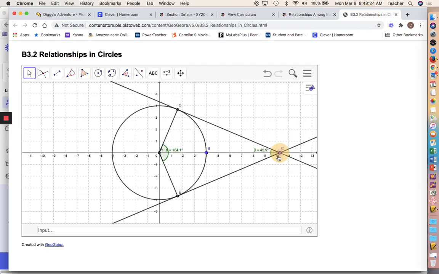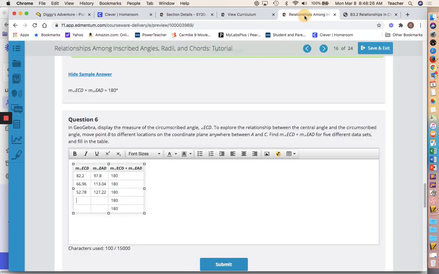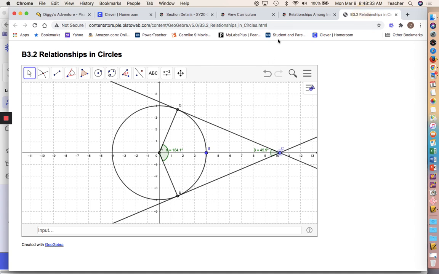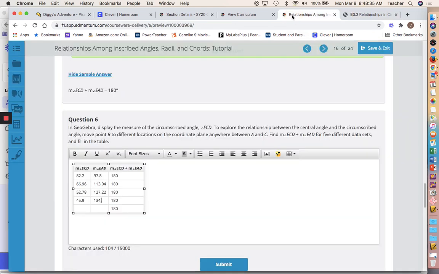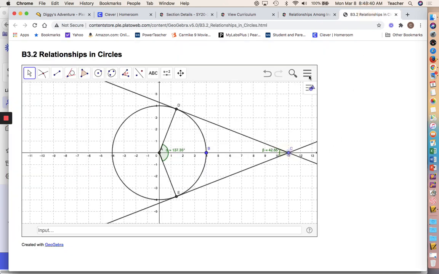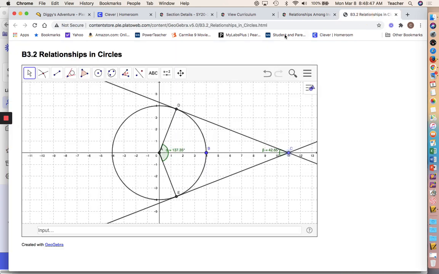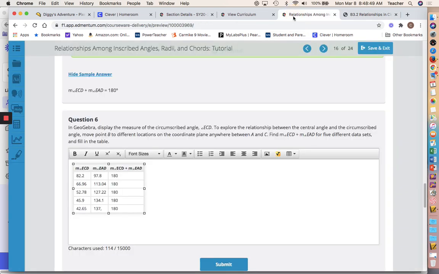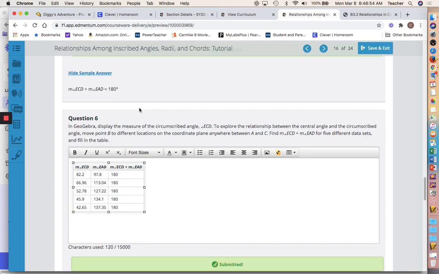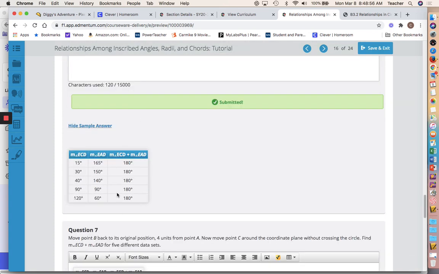All right, bam. How about 45.9 and 134.1. Add those together, you get 180. All right, last one, 42.65 and 137.35. Add those together, you get 180. Oh, nice. They come out with nice numbers.